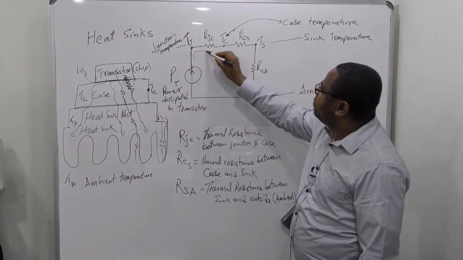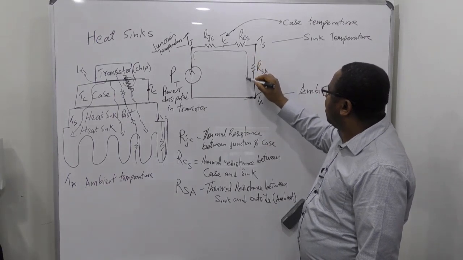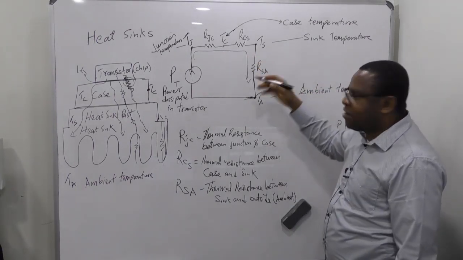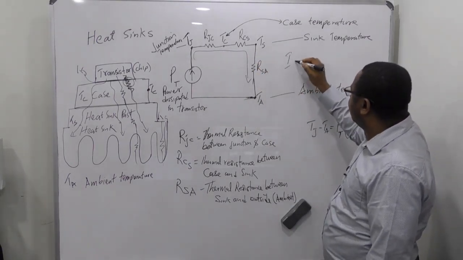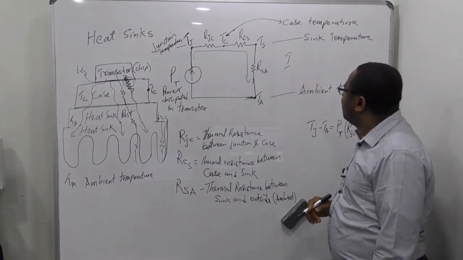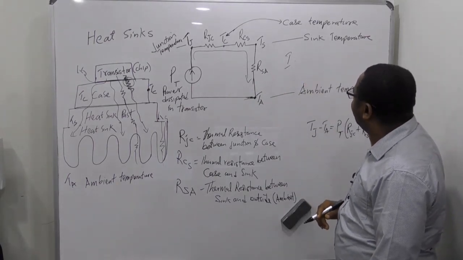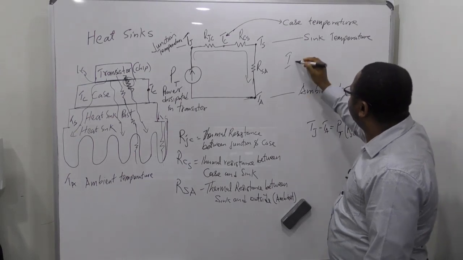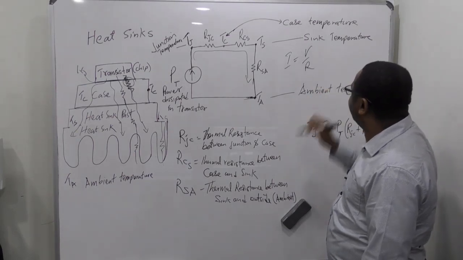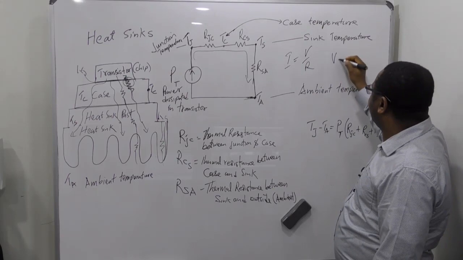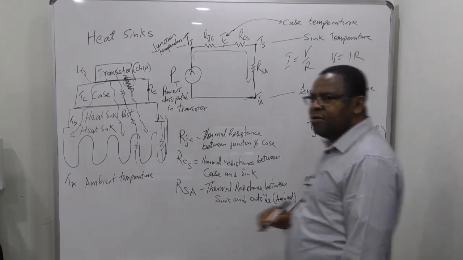So as current flows through here, we know that current I is V over R, right? Or V is IR.